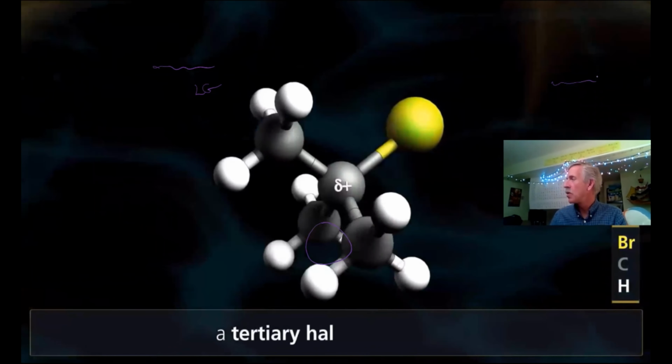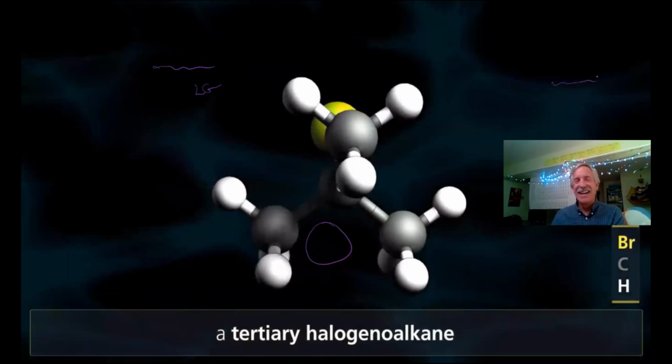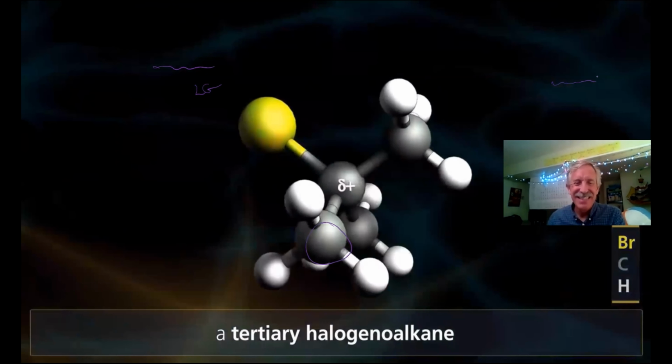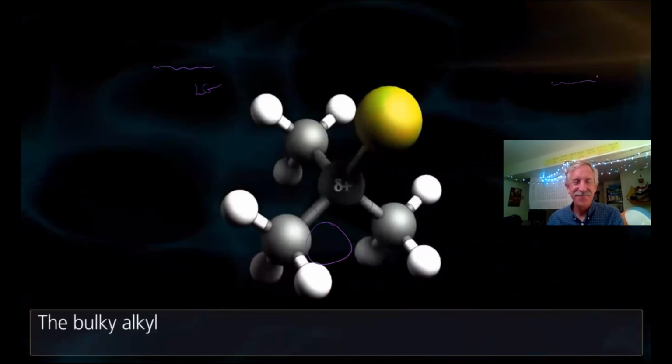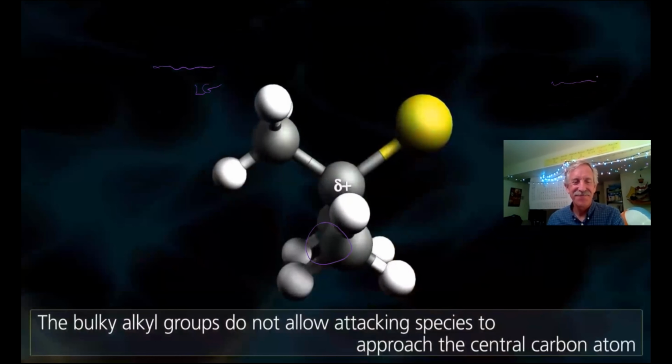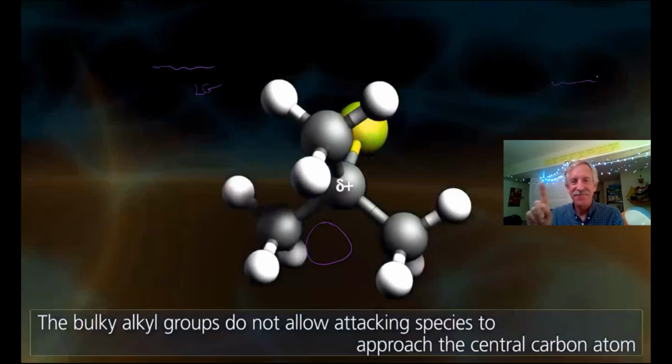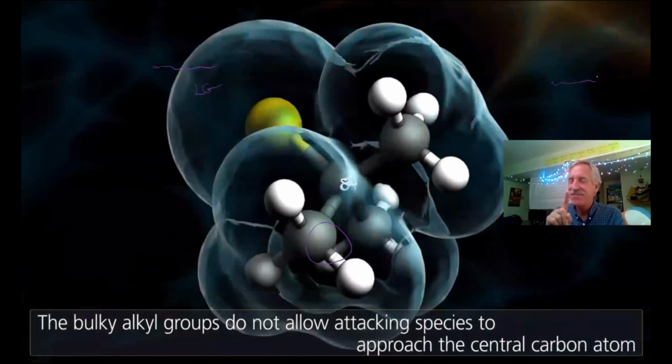Tertiary halogenoalkane. The bulky alkyl groups do not allow attacking species to approach the central carbon atom.